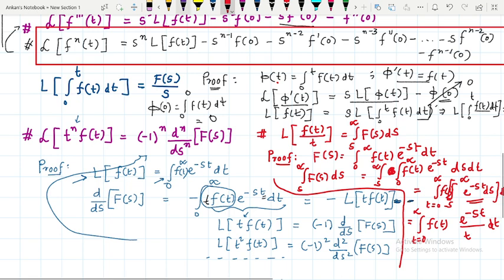Now the function becomes f(t) by t into e^(-st) dt, t from 0 to infinity, which results in the Laplace transform of f(t) divided by t. So this gets the proof of this.